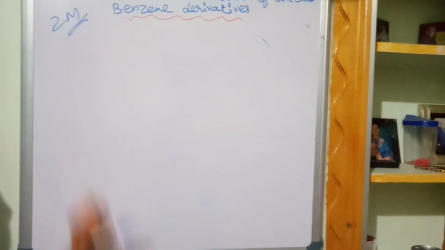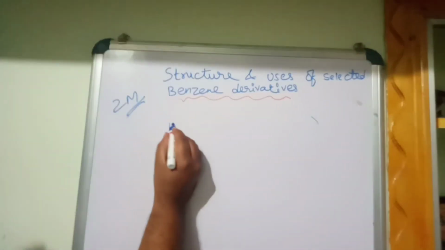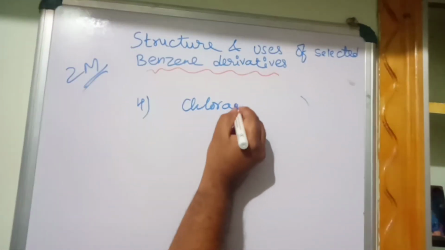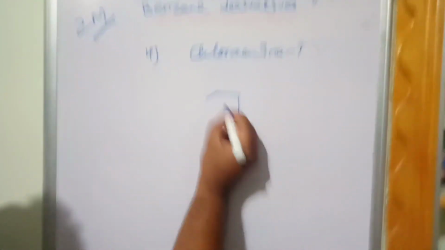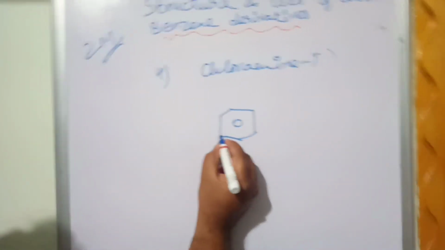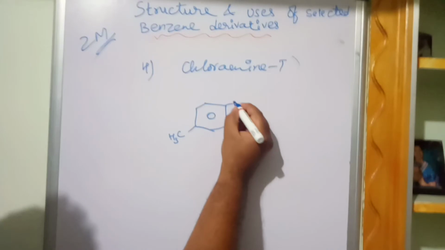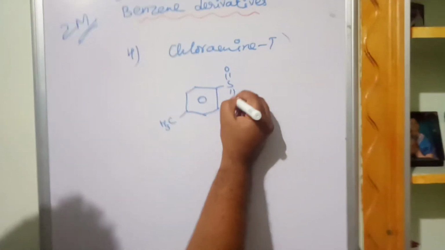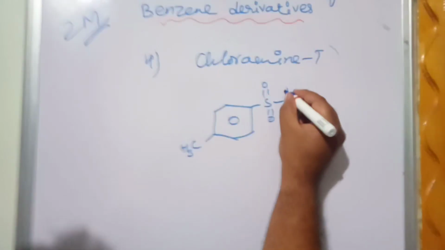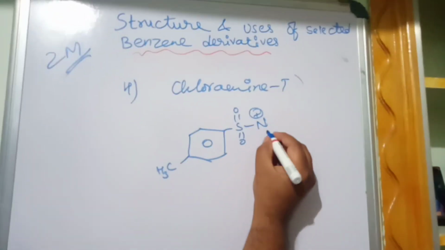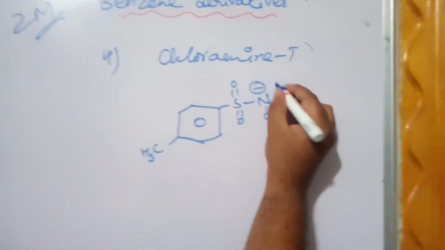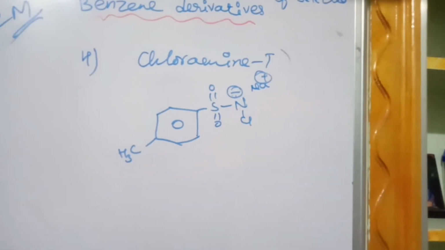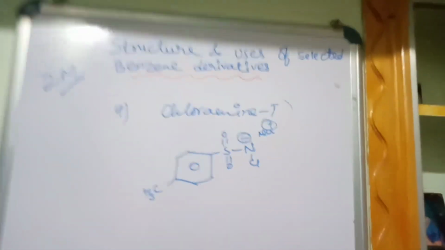Fourth one is chloramine T. What is this chloramine T? So this is the last one. Chloramine T is a benzene derivative where there is a methyl group and a sulfonamide group, but it is a sodium salt of sulfonamide.